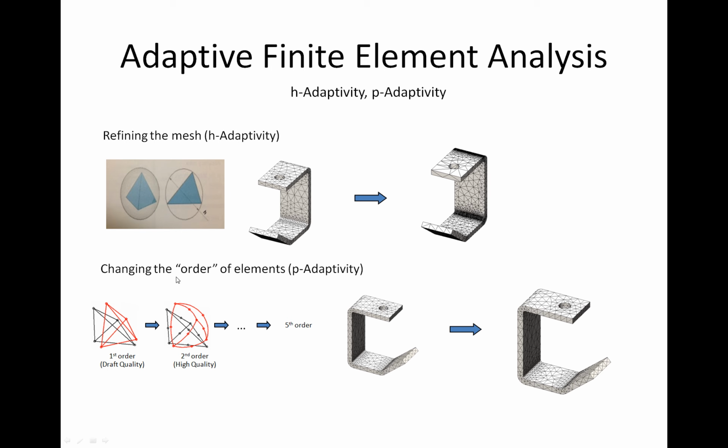P adaptive increases the polynomial of elements. So from first order goes into second order, on the third, on the fourth, on the fifth, and so forth. Hence the P. A good analogy to think about this is an engine designer. If you're wanting to increase the output power of a car, there's really two ways you can go about that.